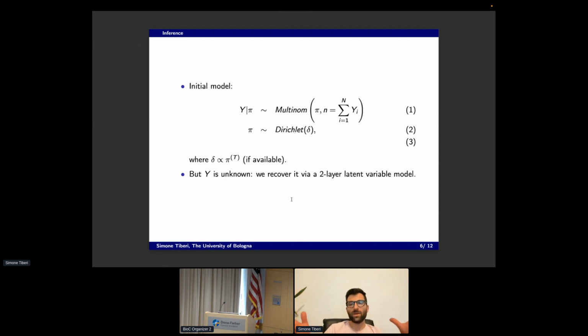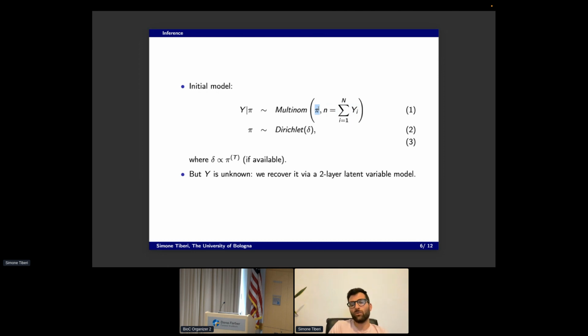Now, assuming that you know that you have a certain amount of abundance, again, PSM counts or intensities, across all the isoforms in your model, that's like the N here or the summation. Now, this is distributed across all the isoforms according to a multinomial. And this is a very natural and reasonable assumption. And it's distributed according to this probability vector pi, which indicates the relative abundance of the proteins.